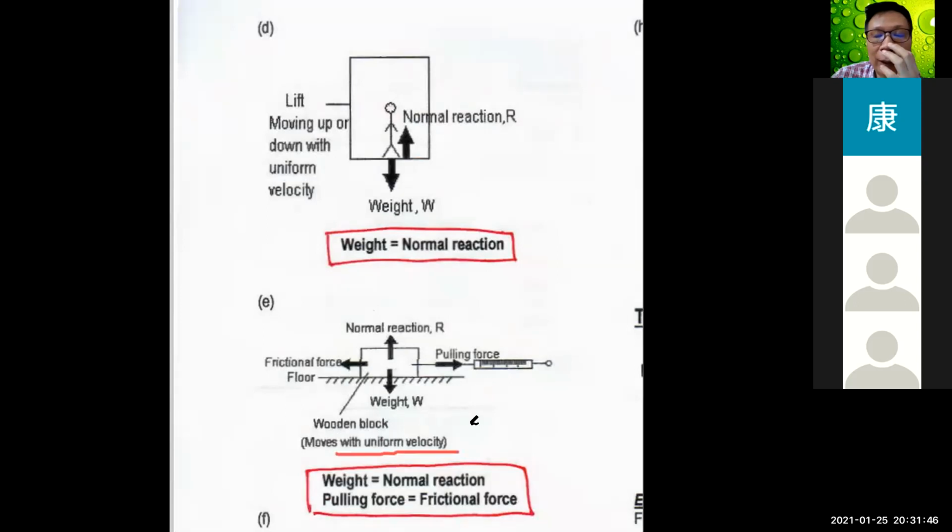Now this object is not staying stationary, it will move, because you are pulling it. Move but no acceleration. It will move with uniform velocity. When the forces are equal, you can move in uniform velocity.